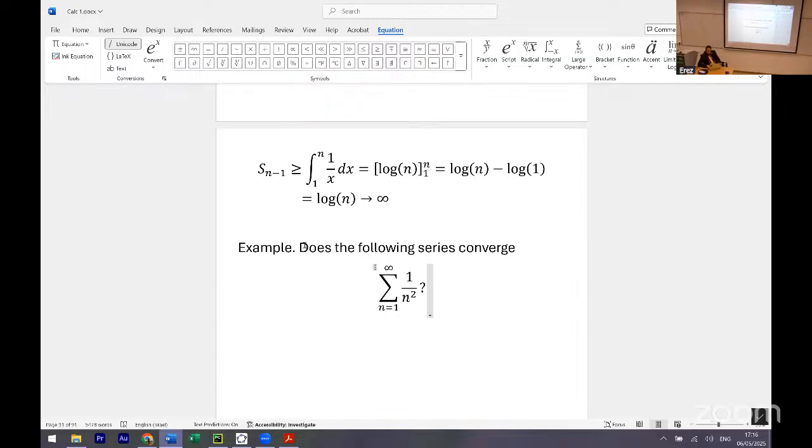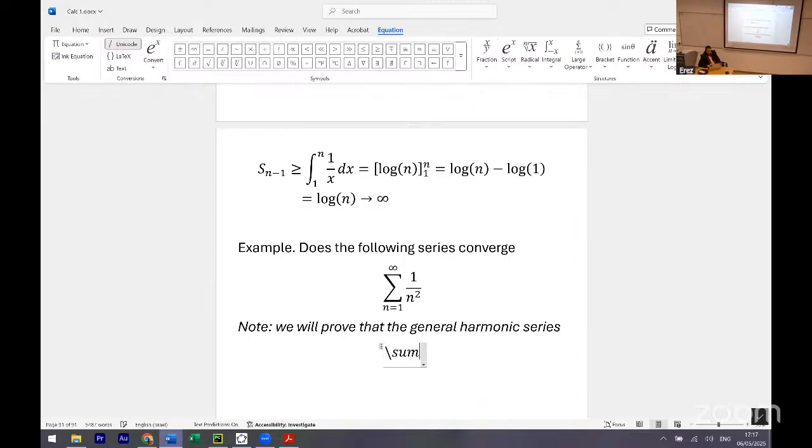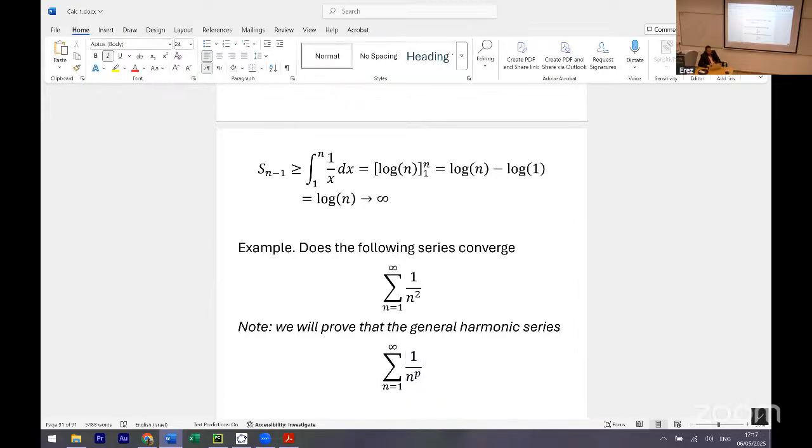And now I wish to note we will prove that the general harmonic series, the sum from n equals 1 to infinity of 1 over n to the p, converges if and only if p is larger than 1.